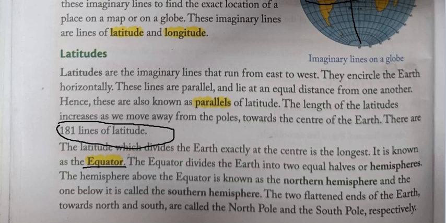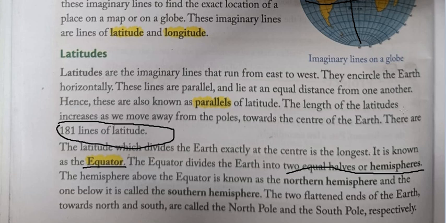The equator divides the Earth into two equal halves or hemispheres. The two equal halves and hemisphere are the same thing. Let's move further. The hemisphere above the equator is known as the northern hemisphere, and the one below is called the southern hemisphere.